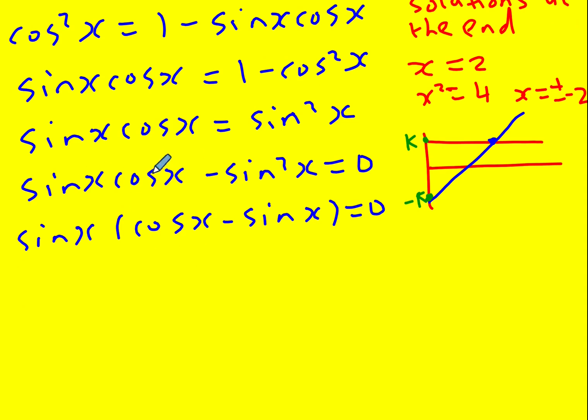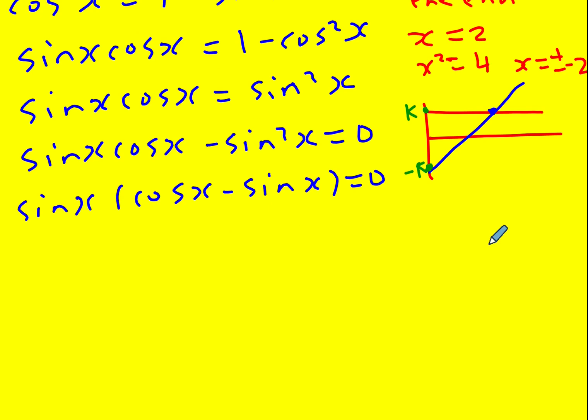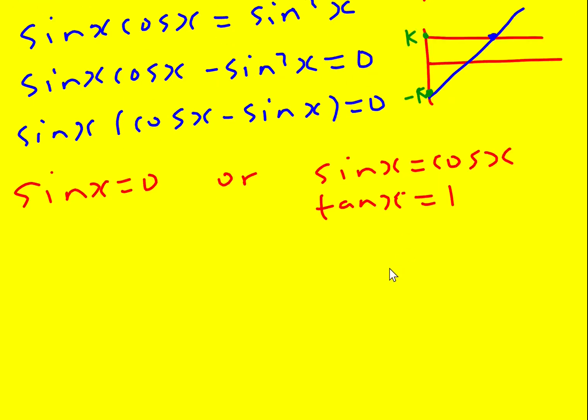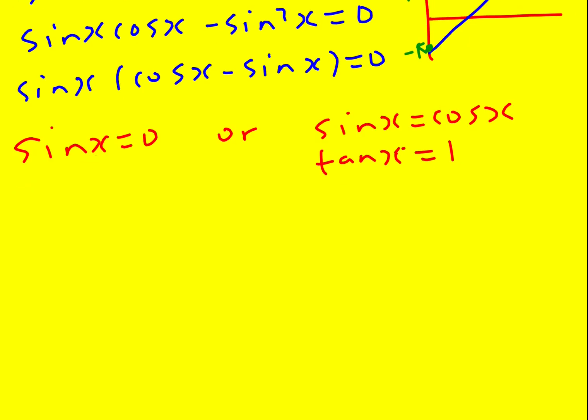You could have divided through by sine x, but if you do, you still need to think of when sine x is equal to 0, because those are our solutions. Sine x equals 0, or sine x equals cos x. And if you divide through by cos x, you get that tan x is equal to 1. So we need to deal with these two different cases.